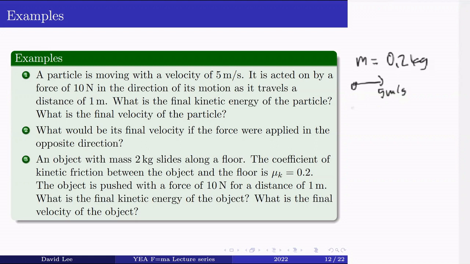Well, its initial kinetic energy, half mv squared, was half times 0.2 kilograms times 5 meters per second squared. And this is equal to 2.5 joules. All right, so that's our initial kinetic energy.